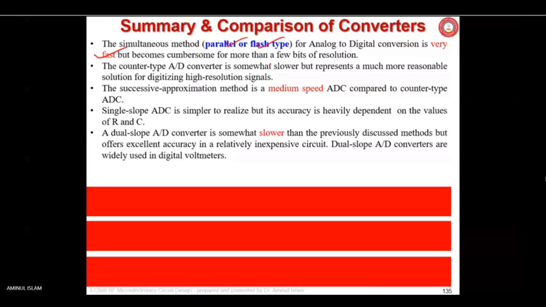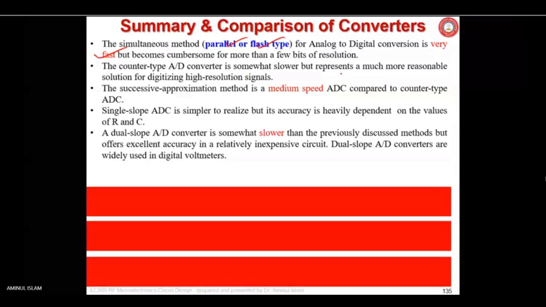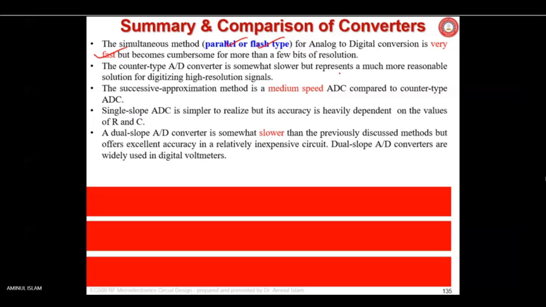That is, a huge number of resistors and comparators are required to design the analog to digital converter if the number of bits is, say, 8, 12, 16, like that. So that is sometimes not affordable.